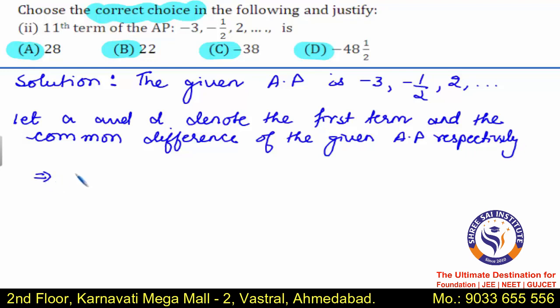This implies A is equal to minus 3, and D can be obtained by subtracting any term from its succeeding term, that is, the term which immediately follows it.